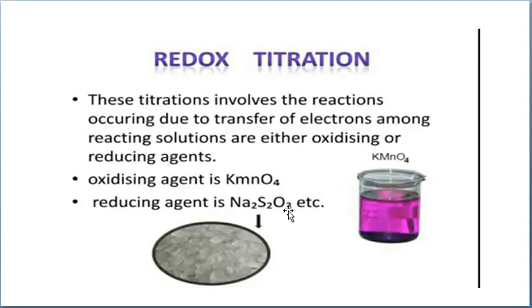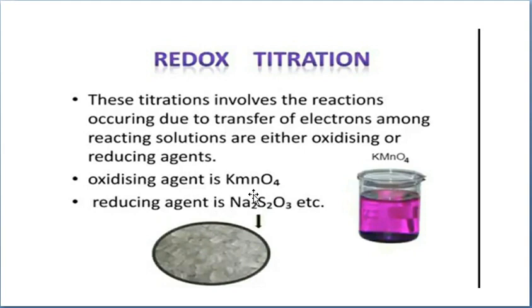In FAS versus KMnO4, the Fe2 plus ion undergoes oxidation to give Fe3 plus. Oxidation is nothing but loss of electron, whereas reduction is nothing but gain of electron. It gains electron and undergoes reduction.